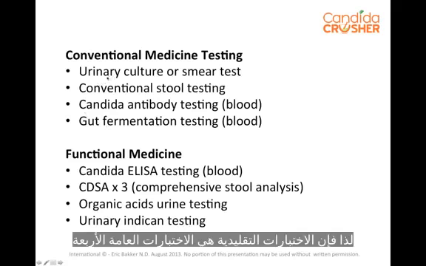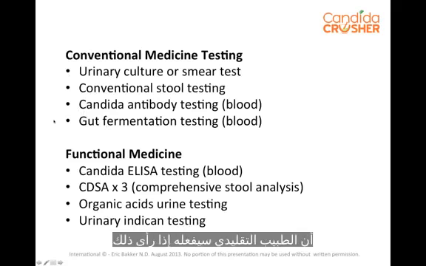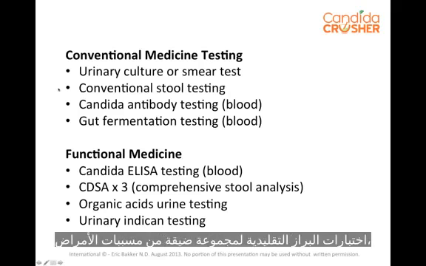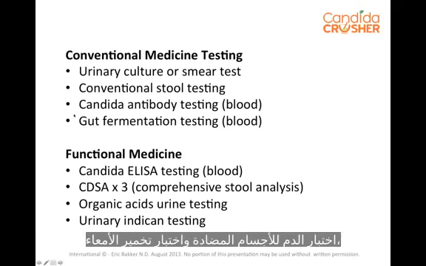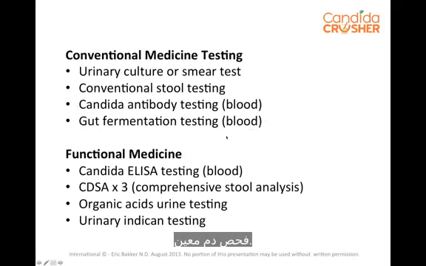So conventional testing, these are the 4 general tests that a conventional doctor will do if he or she does deem Candida to be a problem: urinary culture or smear, conventional stool test for a narrow range of pathogens, an antibody blood test, and a gut fermentation test, a particular blood test.